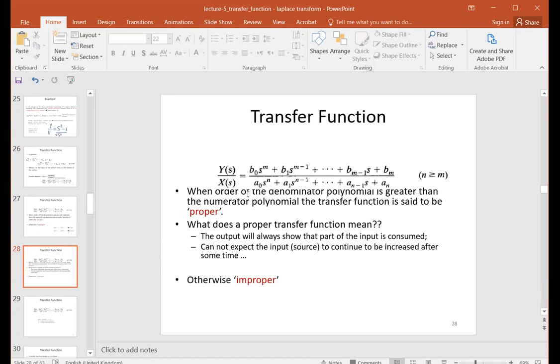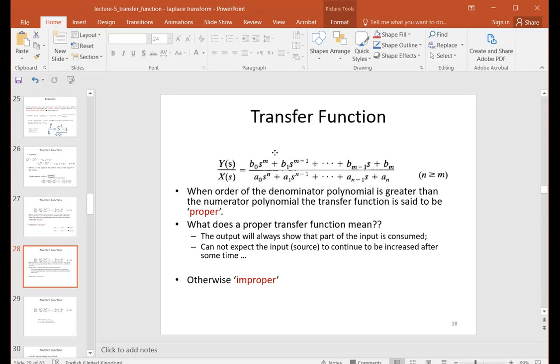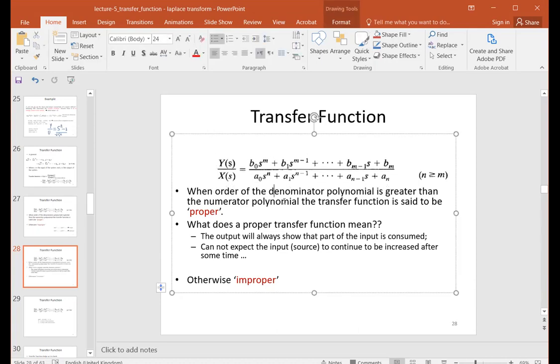So when the order of the denominator, which is n, is greater than the numerator polynomial, the transfer function is said to be proper.